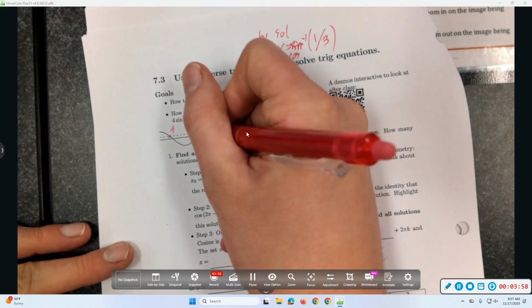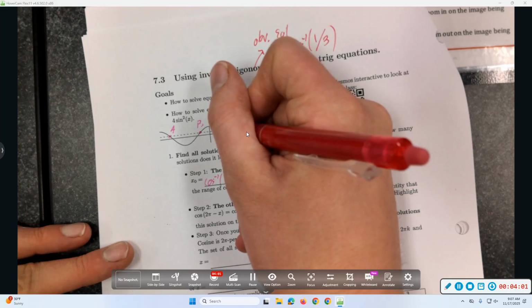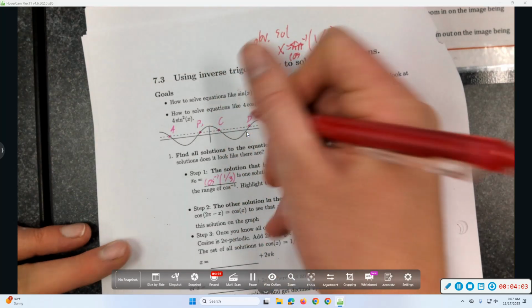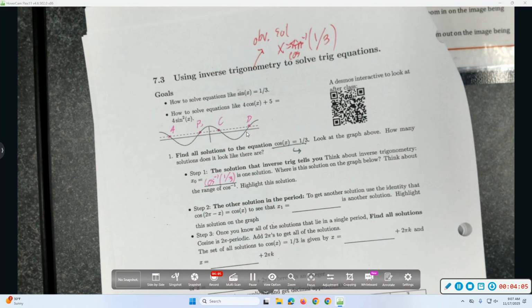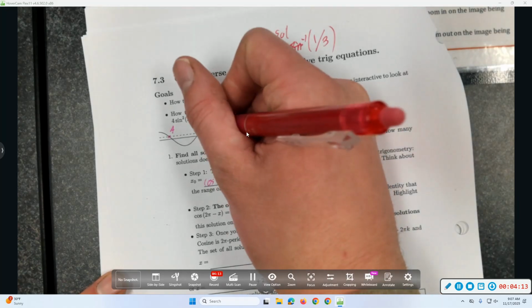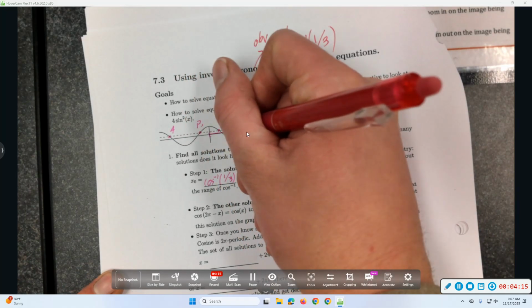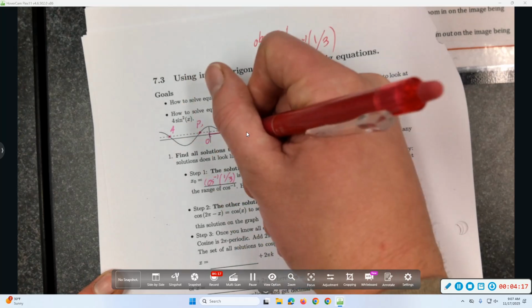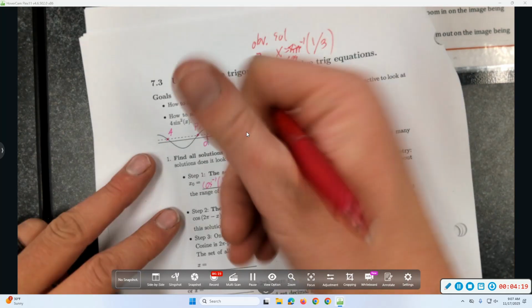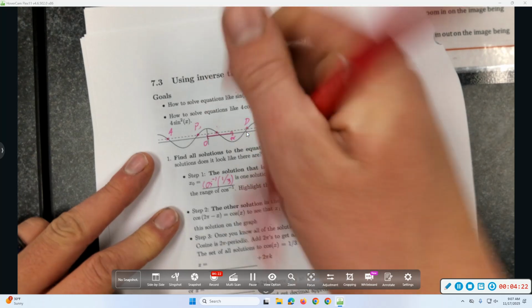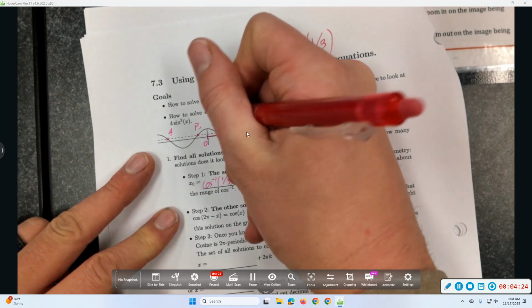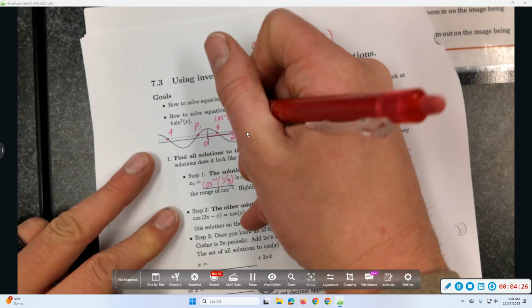I'll label them A, B, C, and D because I want to do this multiple choice. Out of those 4 candidates, which one is inverse cosine of 1 over 3? C. Yeah, cool. Because it should be the one that's between 0 and pi. Nice. So this one is cosine inverse of 1 over 3.